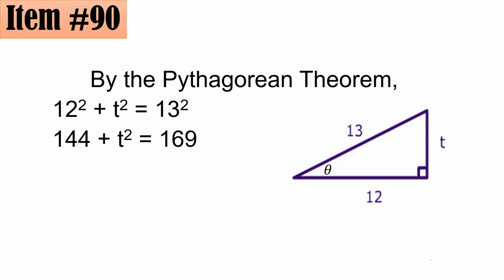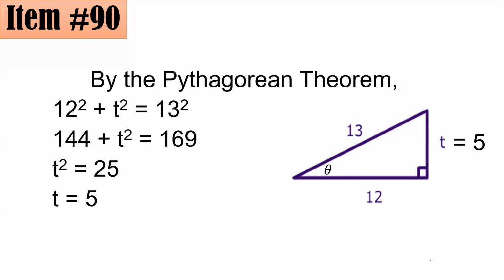Subtracting both sides by 144 po, you have T squared equals 25. And T is actually plus or minus 5 if we extract square roots. However, since this is a triangle and this side should have a positive length, that's why we adopted 5 as the length of that side.